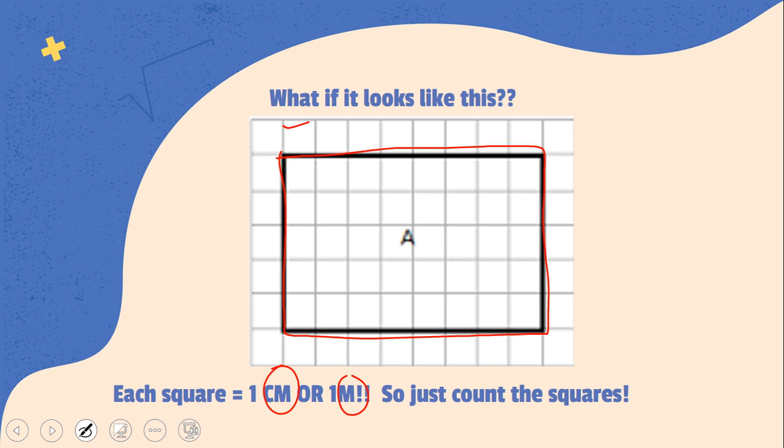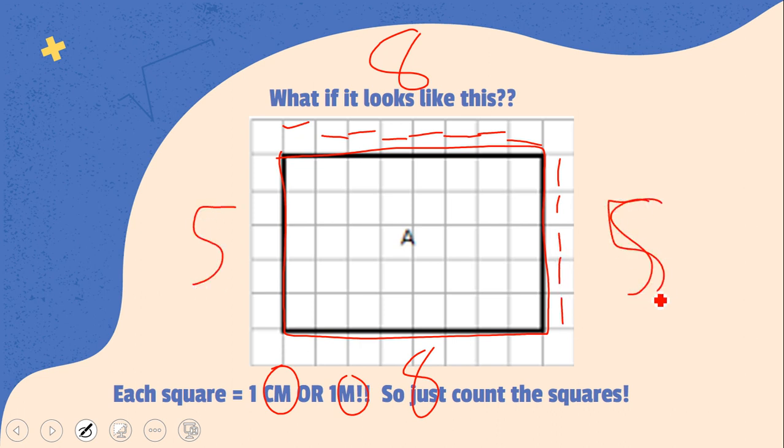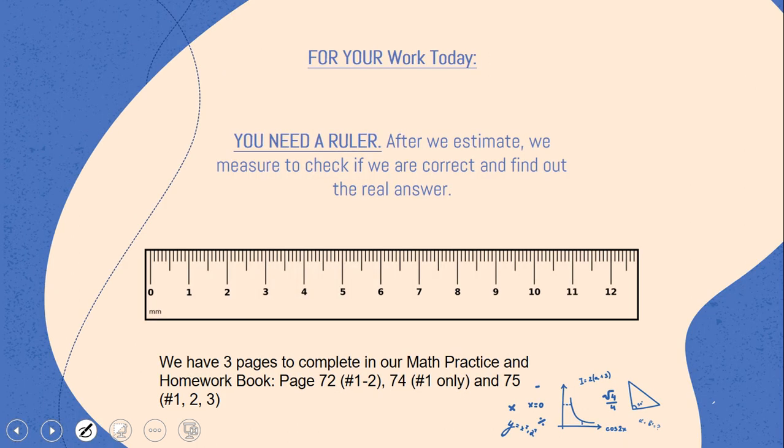So this one would be 1, 2, 3, 4, 5, 6, 7, 8. So 8, and obviously the bottom is the same. And then 1, 2, 3, 4, 5, 5 and 5. And then you add it all together. So you're just counting how many squares there are across, okay? You just count the squares, that's it. That's all you have to do when you have a question like this, okay?